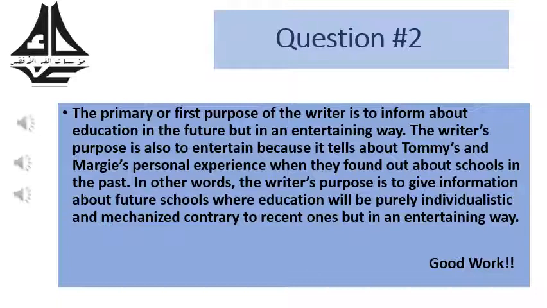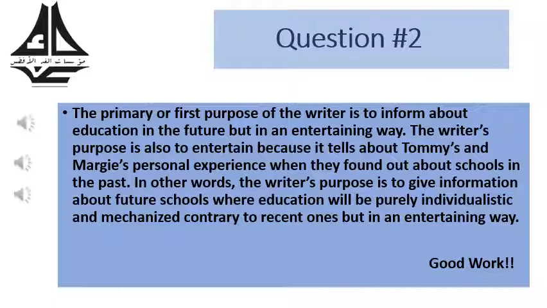The best way to answer this question is to find out what the writer wrote about. So we know that he wrote about schools in the past and he wrote about schools in the future as well. So he is giving us information about schools in the future and schools in the past.